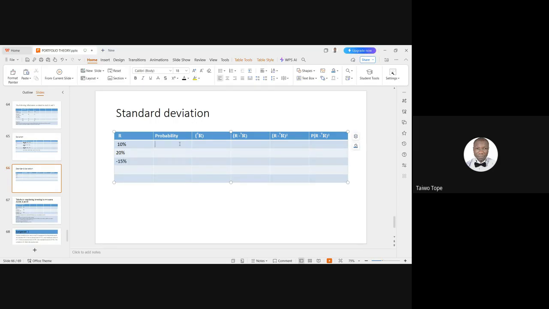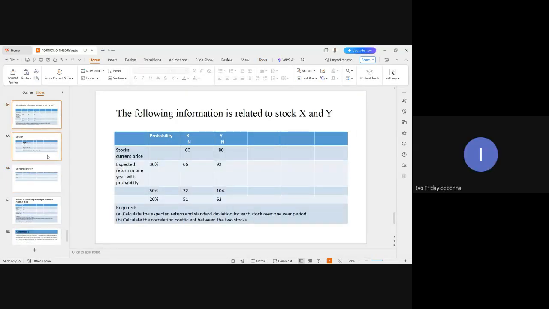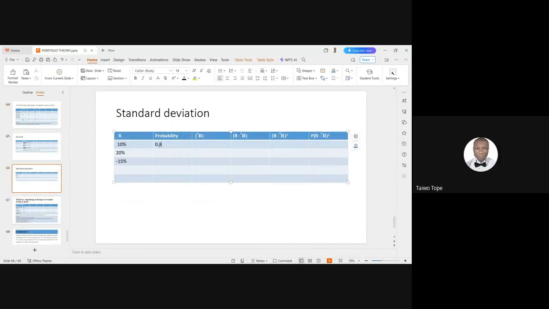Your probabilities are 0.3, 0.5, and 0.2. So your R will be 0.3 multiplied by 10%, which is 3; 0.5 multiplied by 20%, which is 10; and 0.2 multiplied by minus 15, which is minus 3.